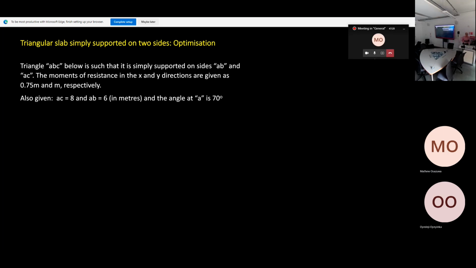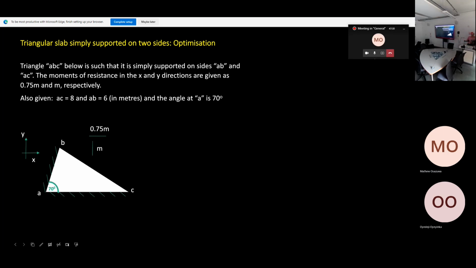So this is the problem we have. We have a triangular slab A, B, C. The slab is simply supported on AB and AC.